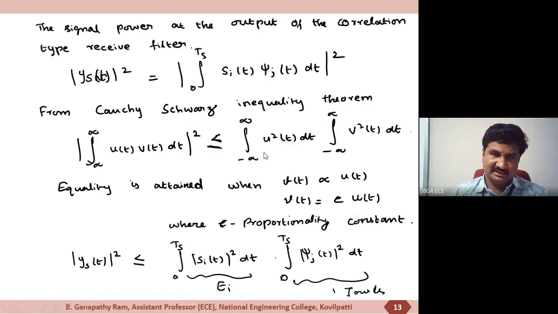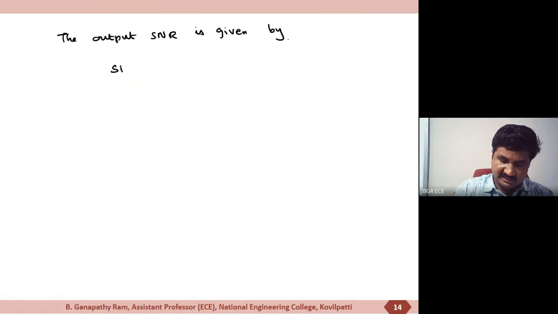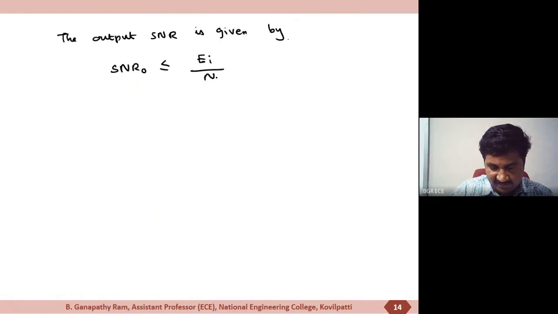Hence, the output signal to noise ratio is less than or equal to, the numerator is Ei and the denominator is N0 by 2. That is, the signal power is always less than or equal to Ei and the noise power is N0 by 2.